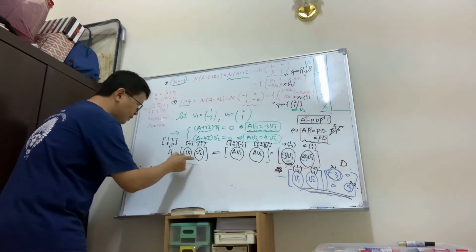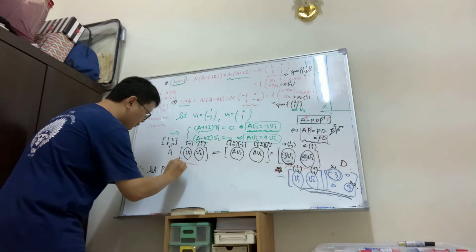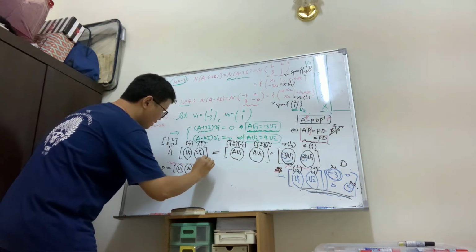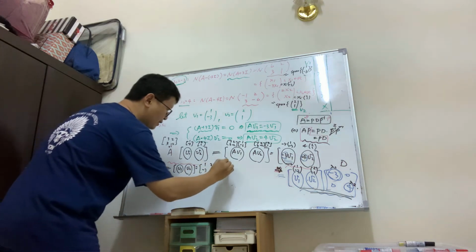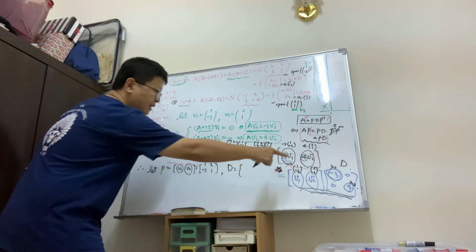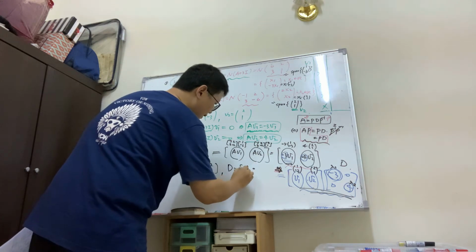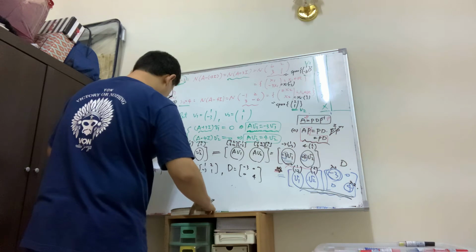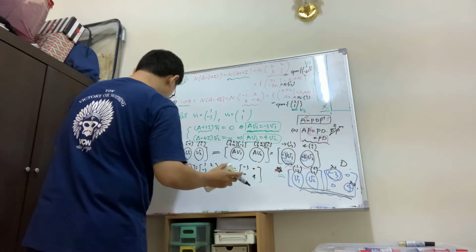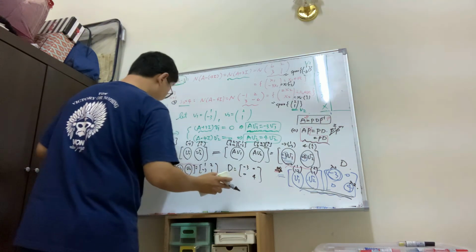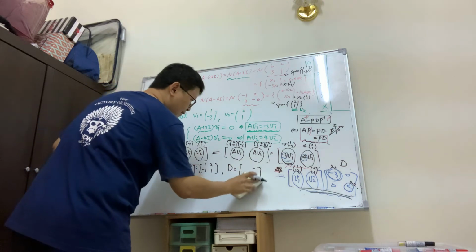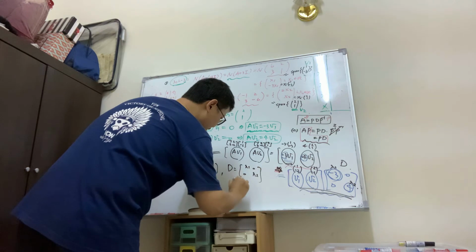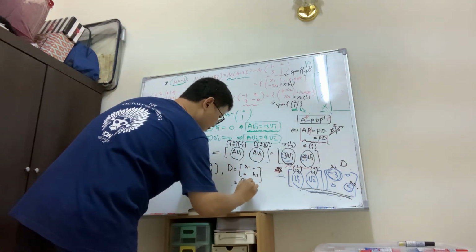So if we let P be v1, v2, it's exactly 1, negative 3, 2, 1. And the diagonal matrix D has the eigenvalue negative 3 and the eigenvalue 4, lambda 1, lambda 2, so it's exactly negative 3, 0, 0, 4.